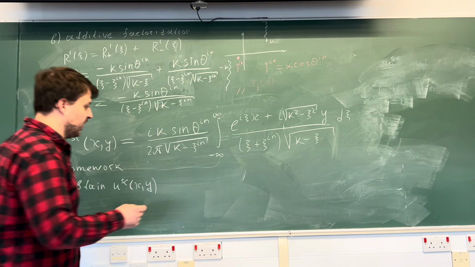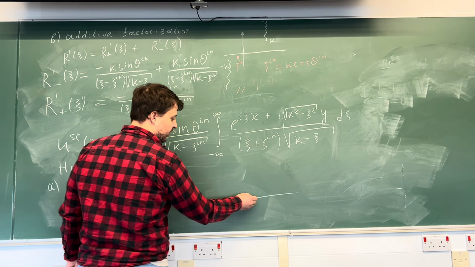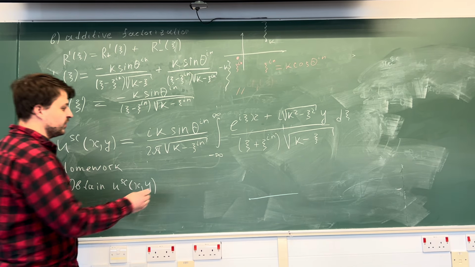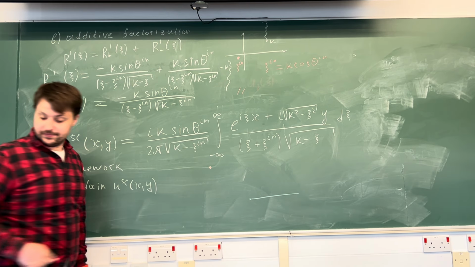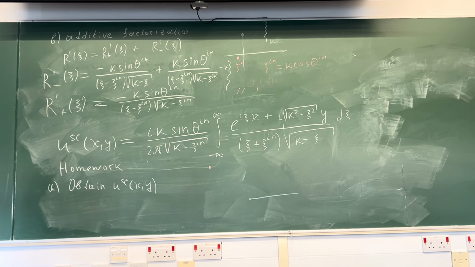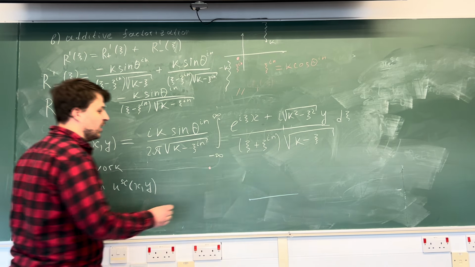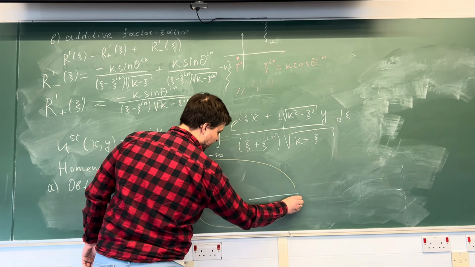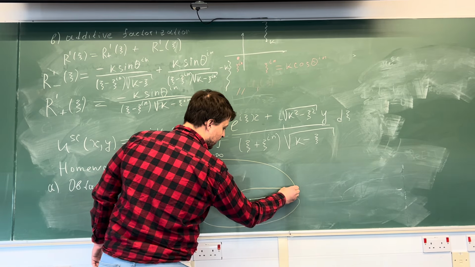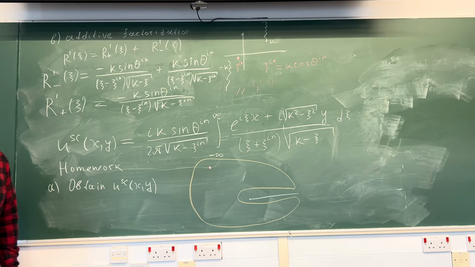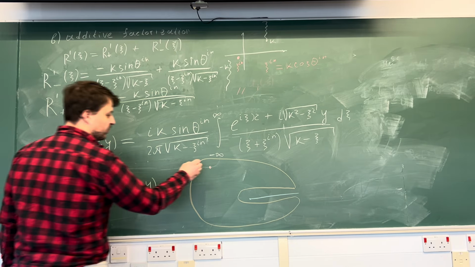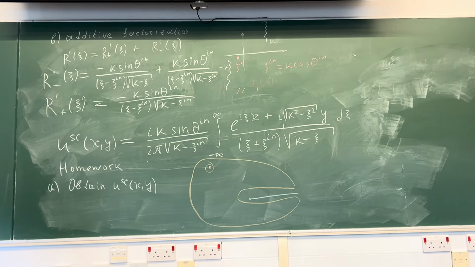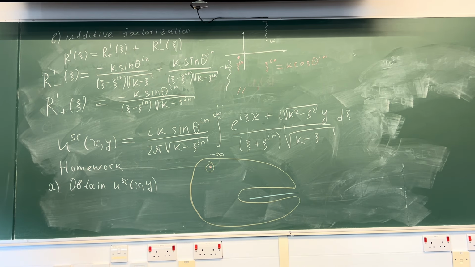As I said, we apply Green's reconstruction formula. We have our half plane, and for Green's reconstruction formula, we have Green's function. And what is our domain? Our domain is just a big circle, the same domain we use to obtain this reconstruction formula.